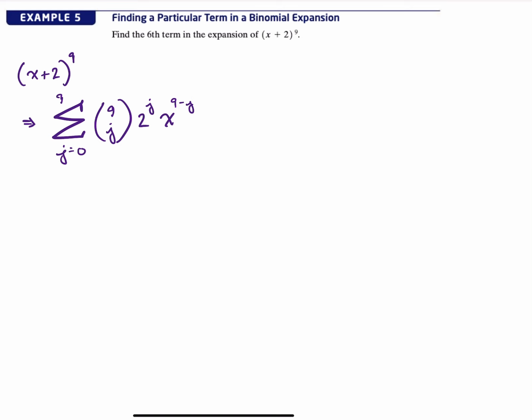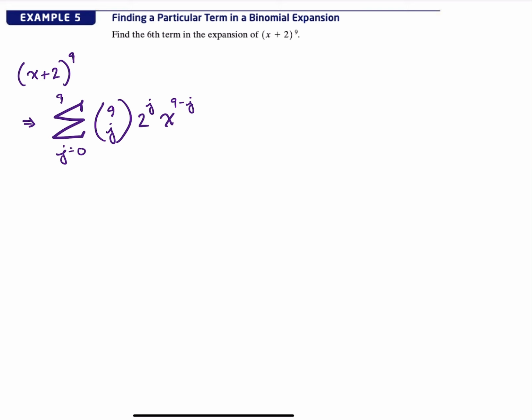So we want the sixth term in example 5 of x plus 2 to the ninth power. So in terms of our summation notation, this would be the sum of j going from 0 to 9 of 9 choose j, won't forget that this time, times 2 to the j power times x to the 9 minus j power.